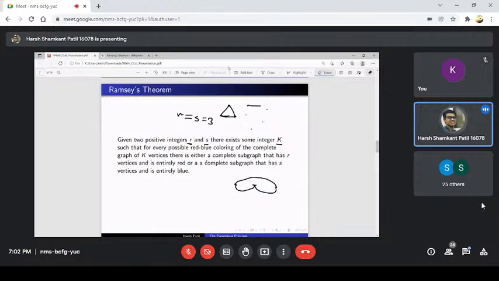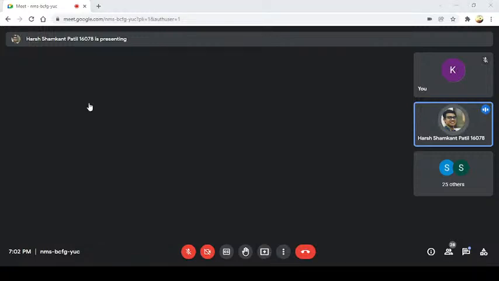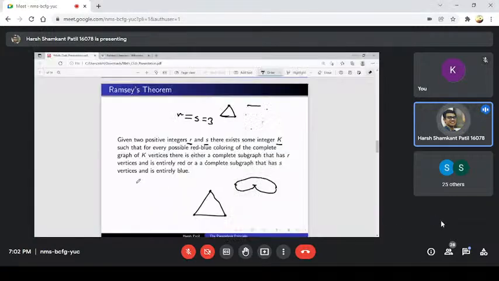This graph and this graph are the same. What we really care about is which vertices are connected to which vertices.